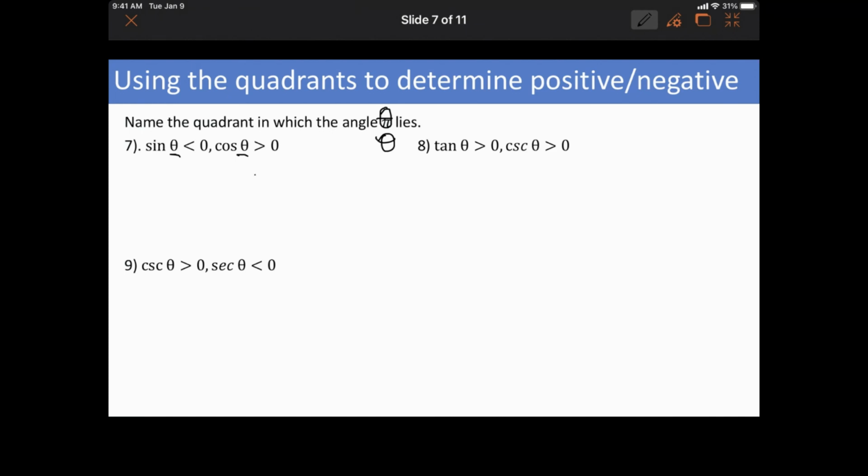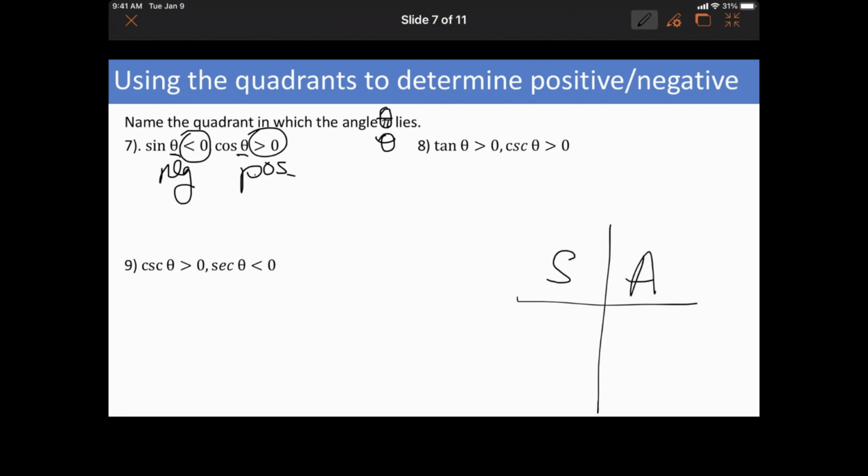So here, if it's less than 0, that means it's negative. If it's greater than 0, then it's positive. Okay, here I'm going to be in my corner. All students take calculus. Wrote that.